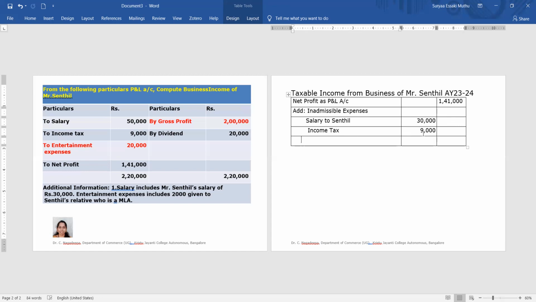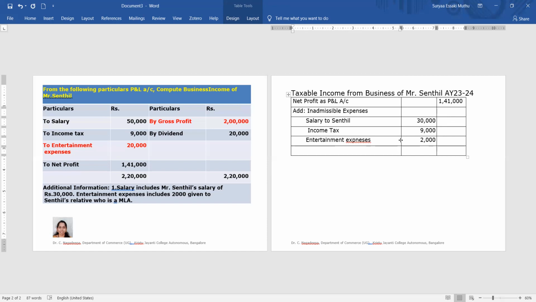Next is entertainment expenses. Generally it is allowed, but it is given to an MLA. That's why it is not allowed. Entertainment expenses are not allowed to the extent of only 2,000, because only 2,000 was spent for the MLA. Okay, that's all. Now you're going to write the total of the inadmissible expenses.